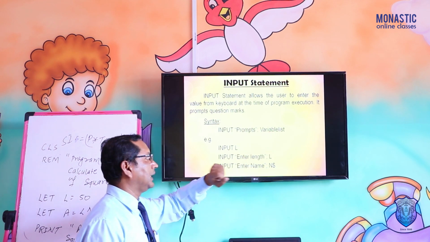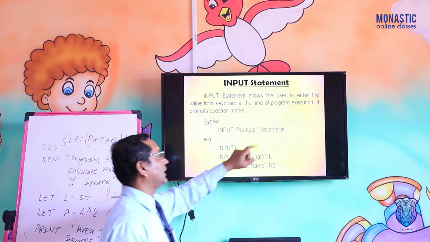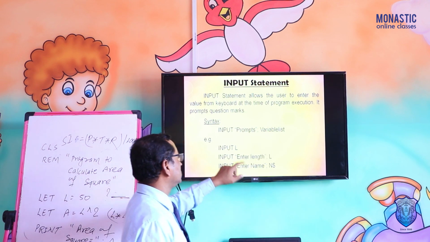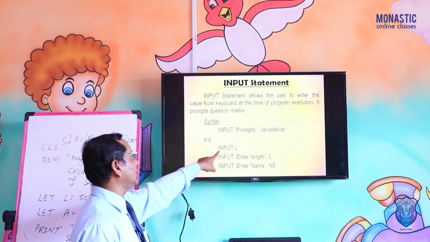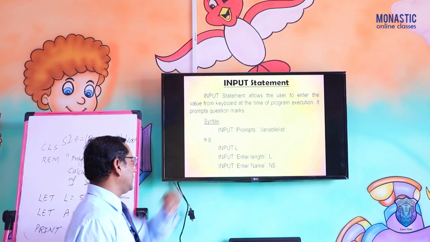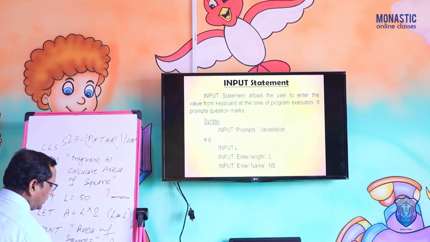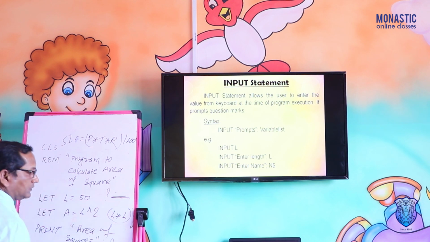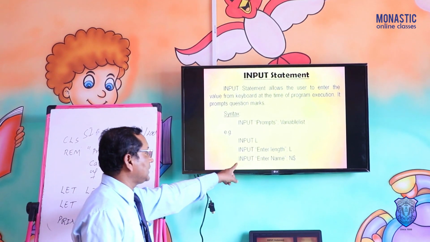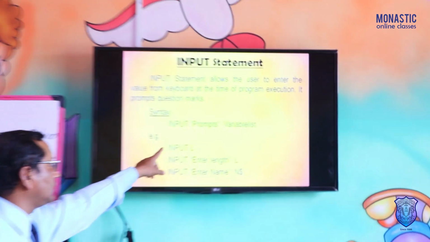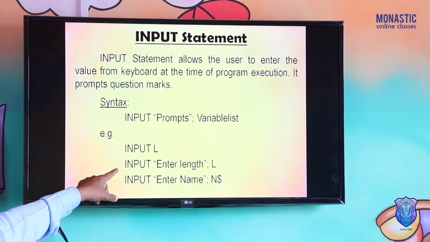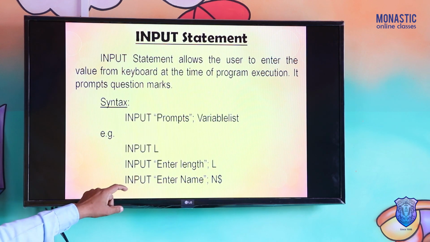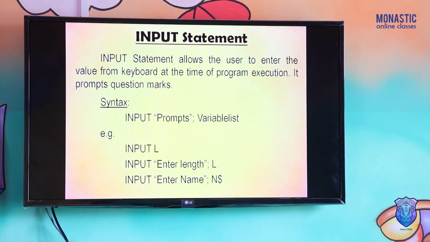Suppose length and breadth both, then L comma B. So here, how to use it? Here, only INPUT L is given. With only INPUT L, it will just display a question mark. There are three examples here: INPUT L, INPUT with a prompt to enter the length of L, and INPUT with a prompt to enter name.